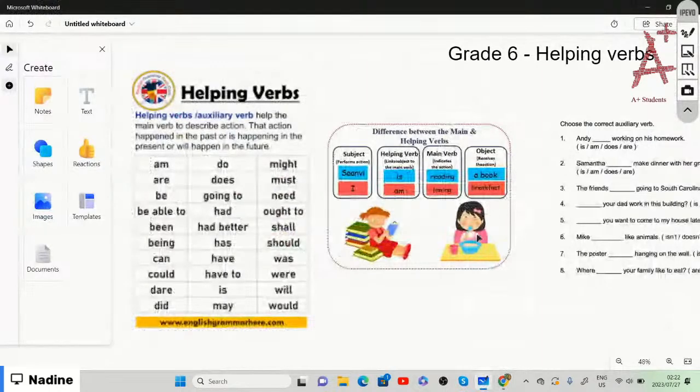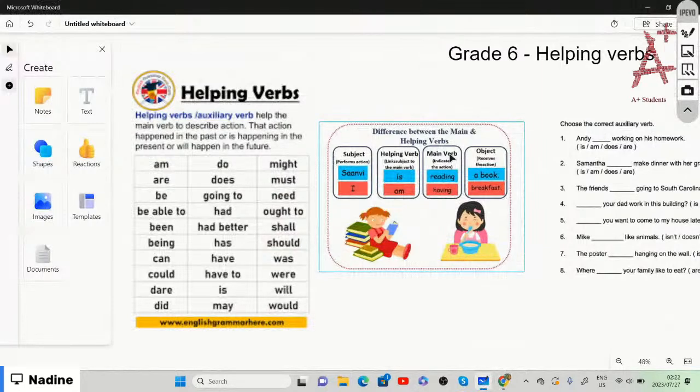All right, so there's a difference between the main verb and the helping verb, right? The helping verb links the subject to the main verb.